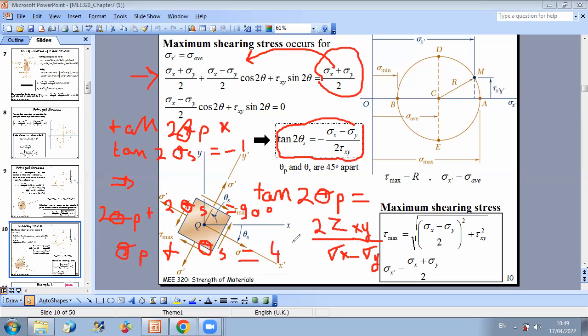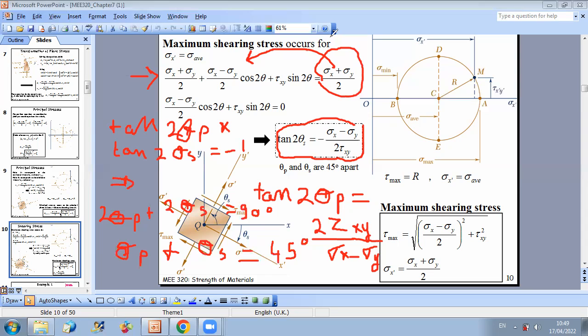So we can deduce that the angle between the principal axis corresponding to maximum normal stress and the axis corresponding to maximum shearing stress is 45 degrees.